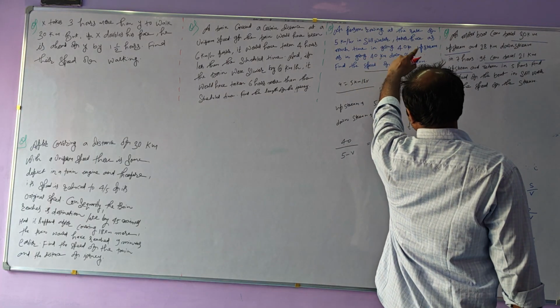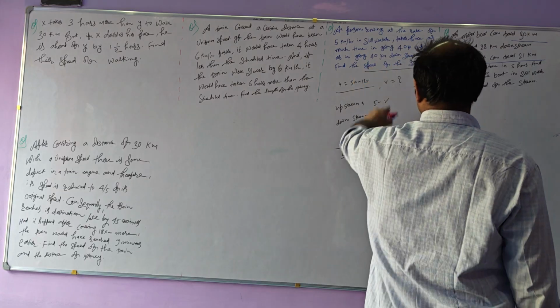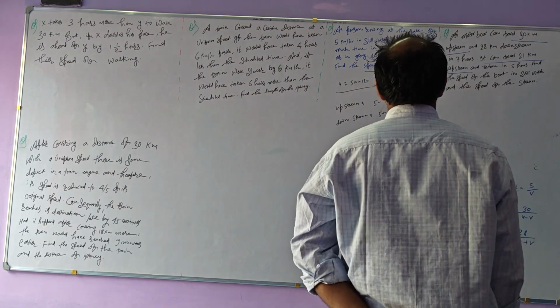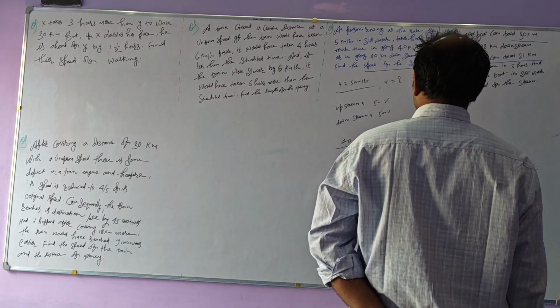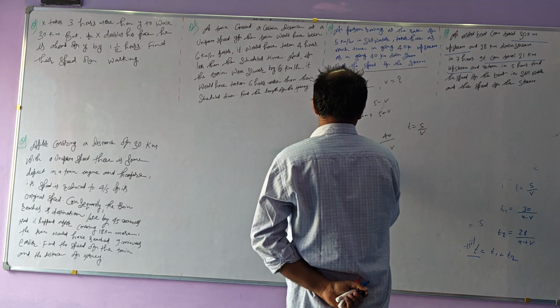A person rowing at the rate of 5 km in still water takes thrice as much time in going 40 km upstream as in going 40 km downstream. We know t is equal to S upon V. In upstream, 40 upon 5 minus v is equal to, in downstream, 40 upon 5 plus v.